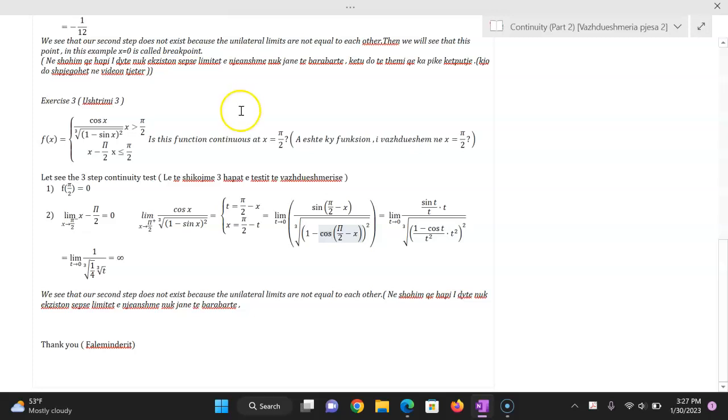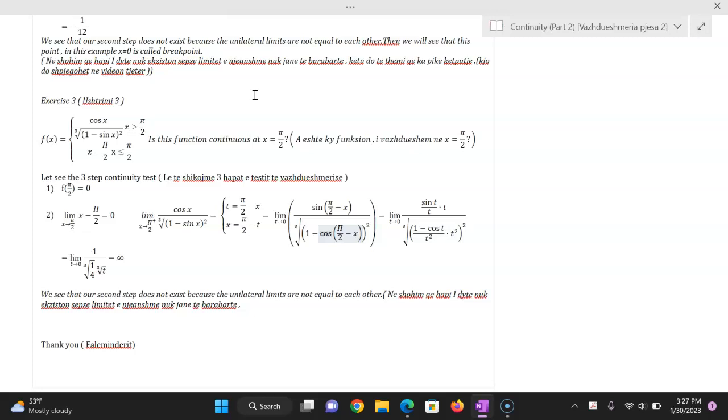If you put the value of x as pi over 2, then t is equal to 0. So the cosine term, I write as the sine of pi over 2 minus x, and the cube root of 1 minus the cosine of pi over 2 minus x.